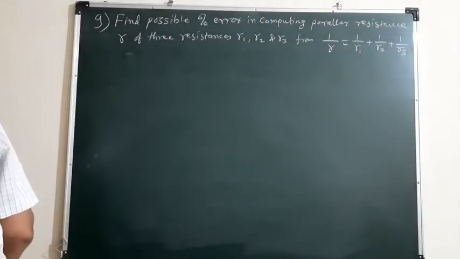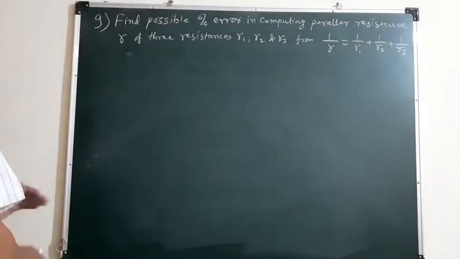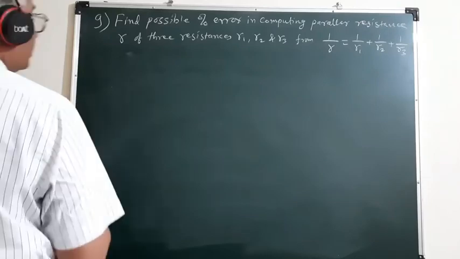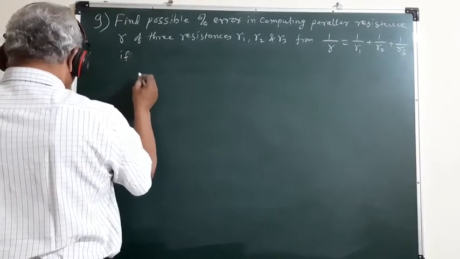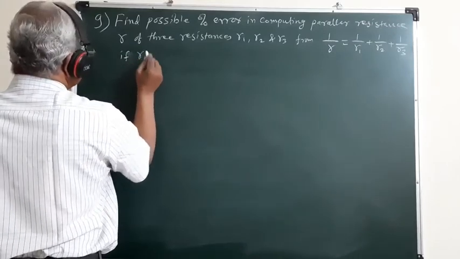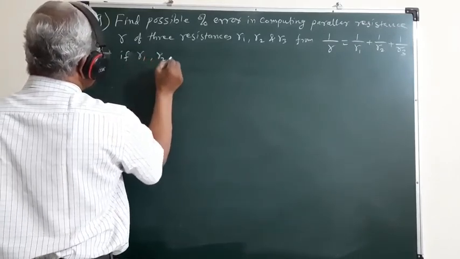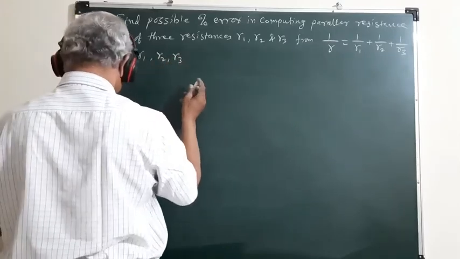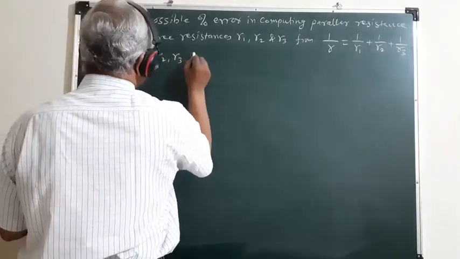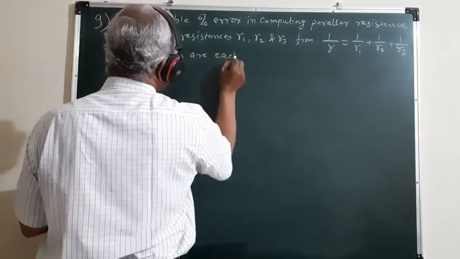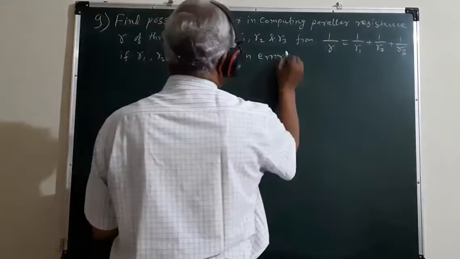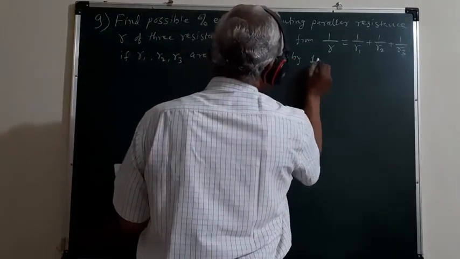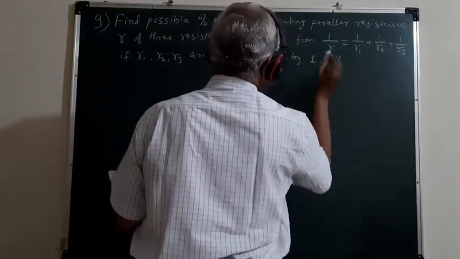So we need to use this formula for the equivalent resistance of the parallel combination of three resistors if all the three resistors R1, R2 and R3 are each in error by 1.2%.